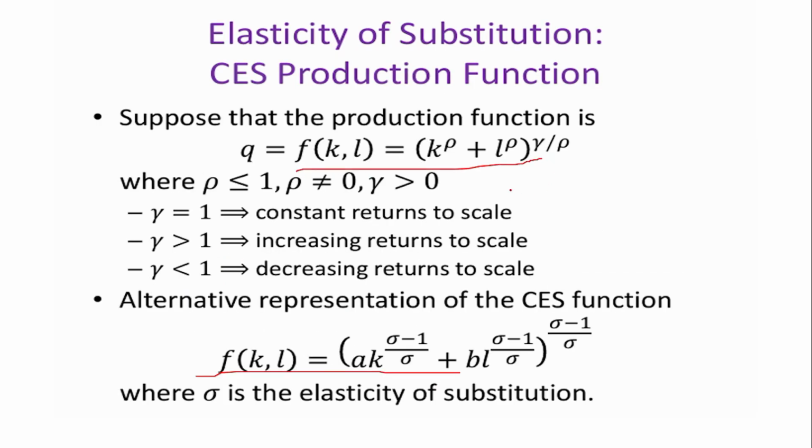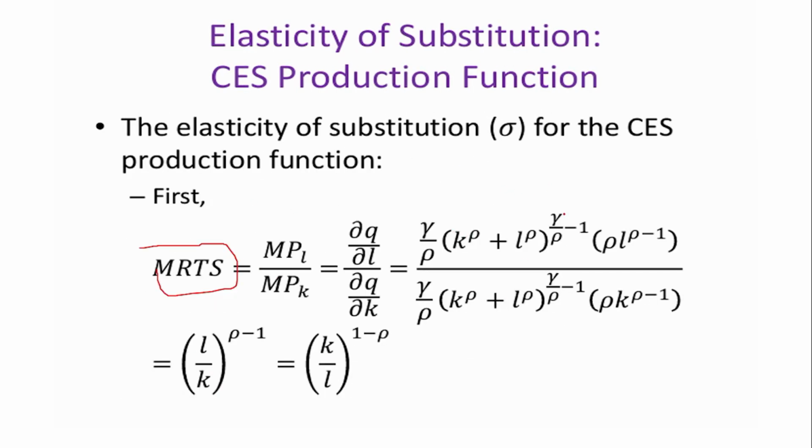From the general form, we can differentiate each, and with cutting down, that will be cancelled out, and only this is remaining. That means L/K to the power rho minus 1, and if we take the minus and just change the numerator and denominator, it becomes 1 minus rho.